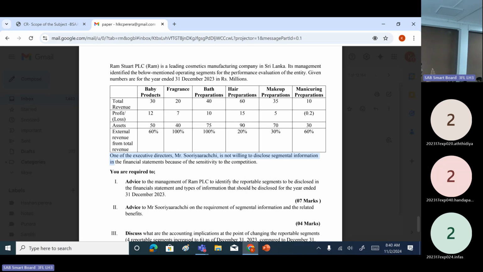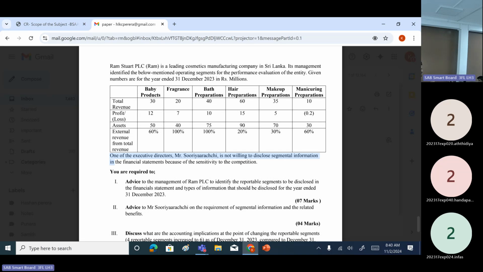What are the segments we need to report in the financial statement? In a company, we are having different segments. You may have a cosmetics related manufacturing company. You are having shampoo and soap and conditioner and some other hair cream and hair dye, hair related different cosmetic items may be there.